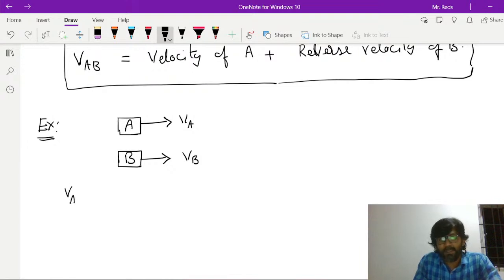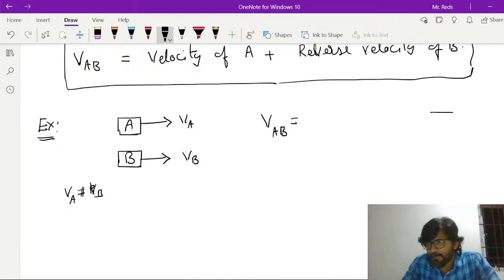In such a case, velocity of A with respect to B, when they are moving in the same direction, depends on the sign convention, which you have to remember.